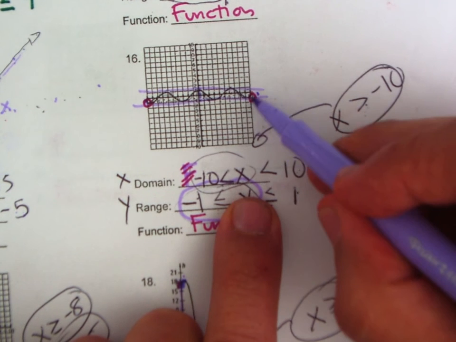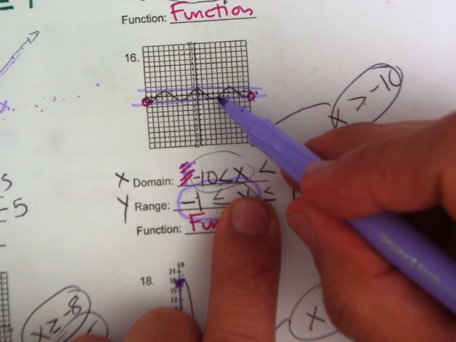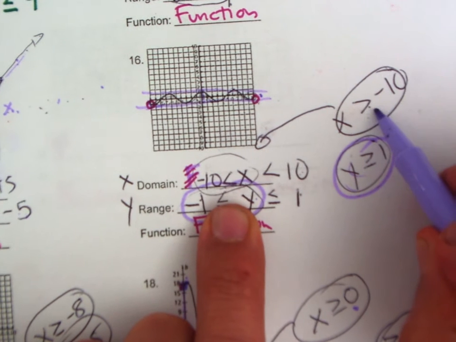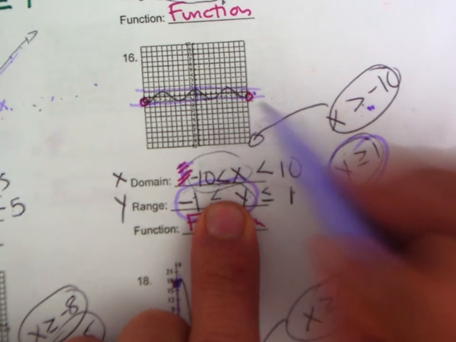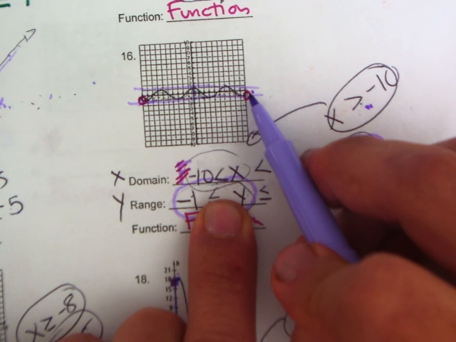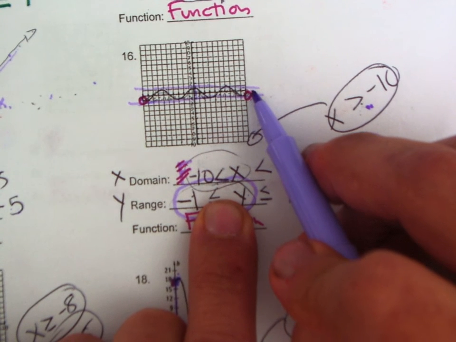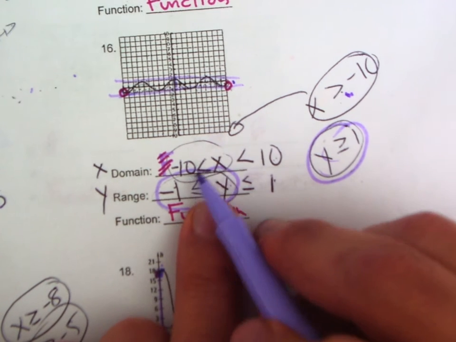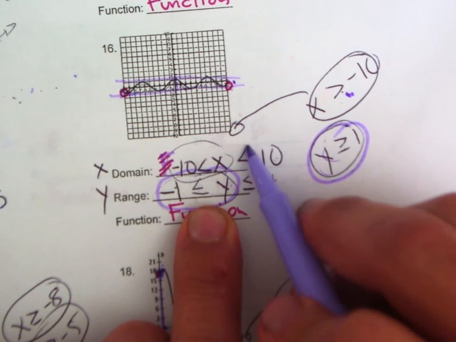So you want all the numbers that are less than 10, but also greater than negative 10, sorry, but not equal to, because it's an open circle. So I'm going to flip the inequality and put it like this.